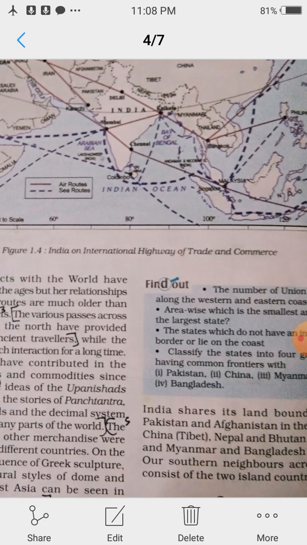Passes means routes through the mountains from the north side. The ocean was a restriction for foreigners or travelers coming.